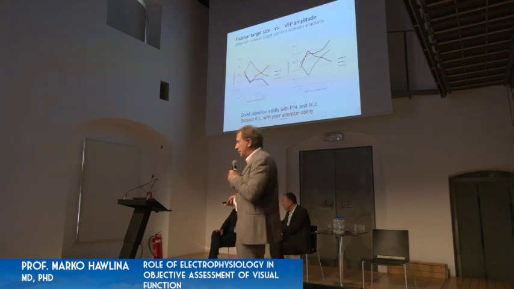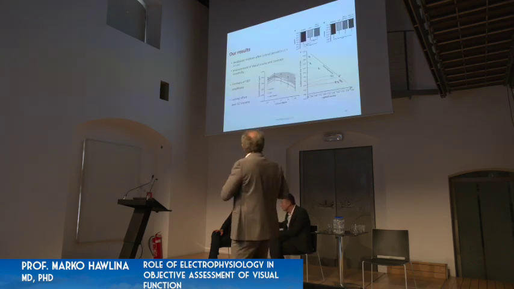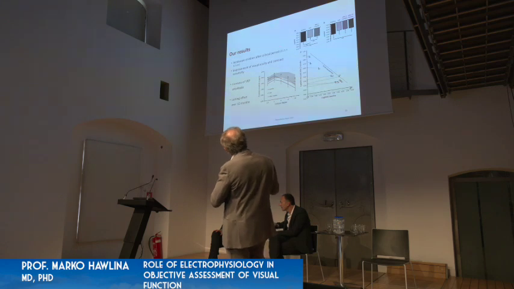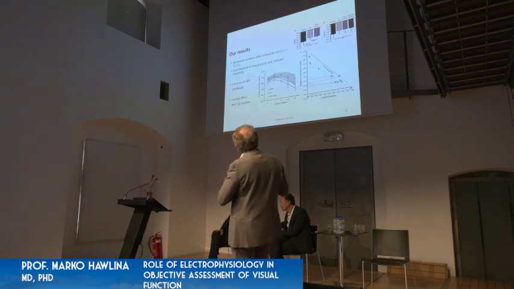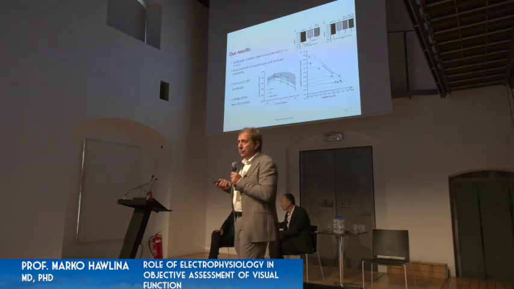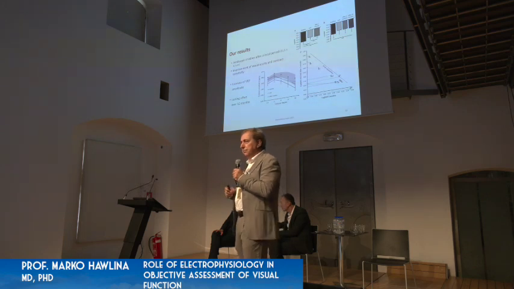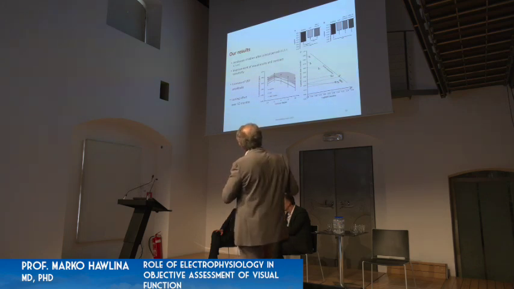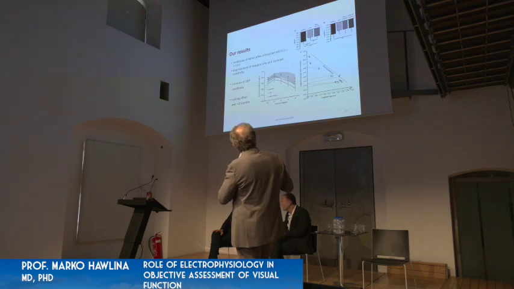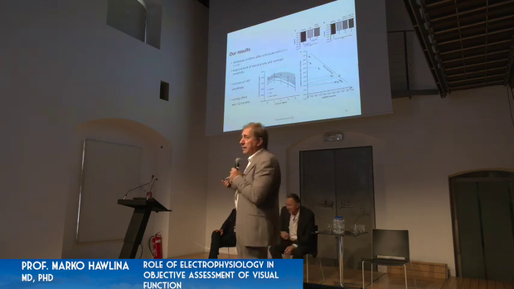So our results show that amblyopic children after critical period did improve for about, on average, about 2 lines. And actually, what was interesting that this effect was lasting even 1 year after.